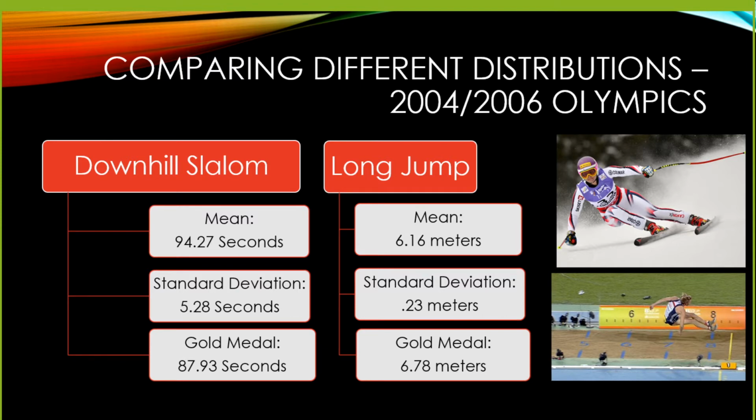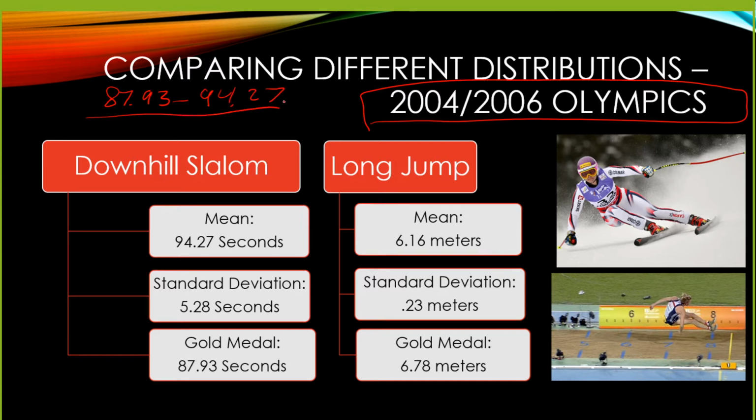So when we started talking about this, I gave you this example where I had my sport in middle school and my brother's sport in middle school. That's downhill slalom versus long jump. Looking at Olympic medal results, if I wanted to see which one was more impressive, we could use z-scores to compare them. So I would take the gold medalist score, 87.93, subtract the average, 94.27, and then divide by how much one standard deviation is, 5.28.